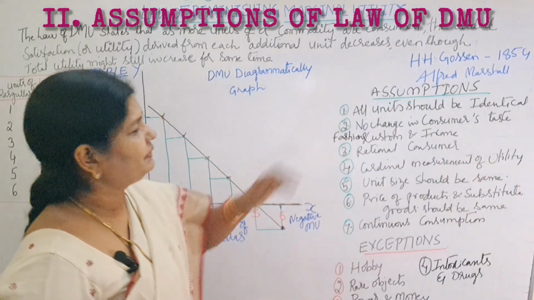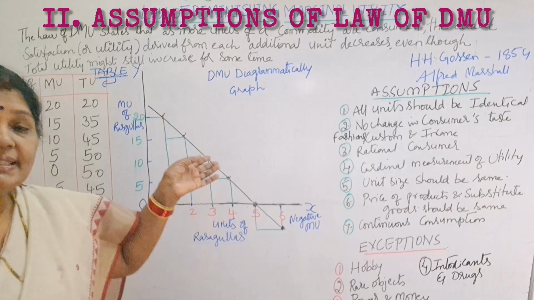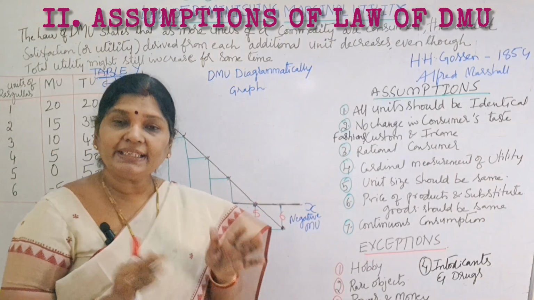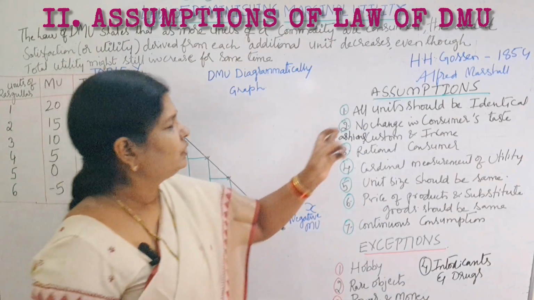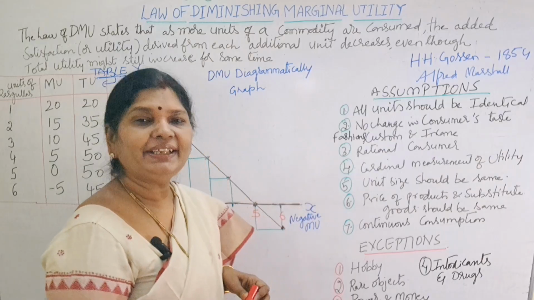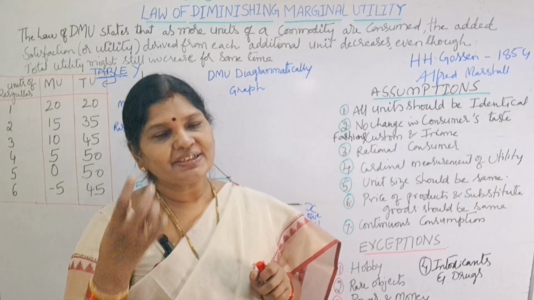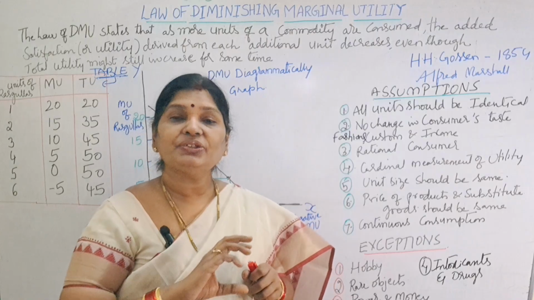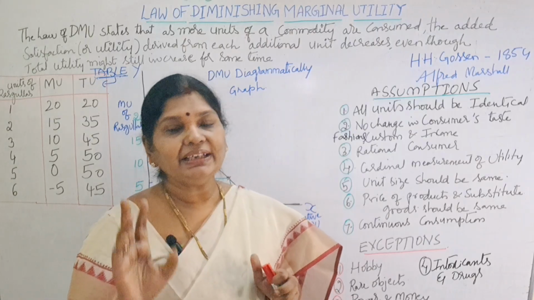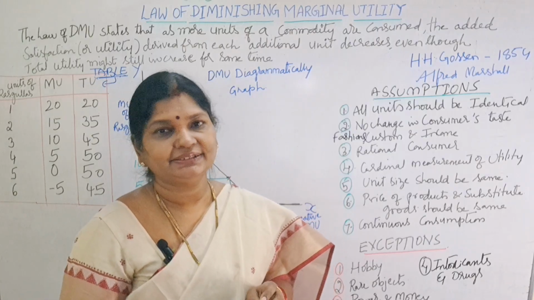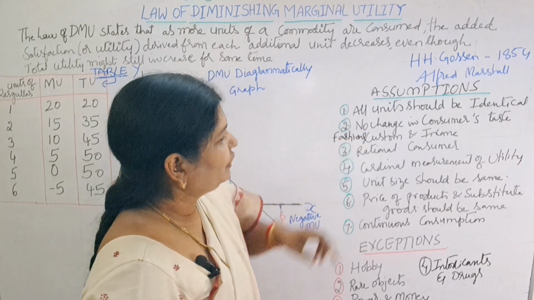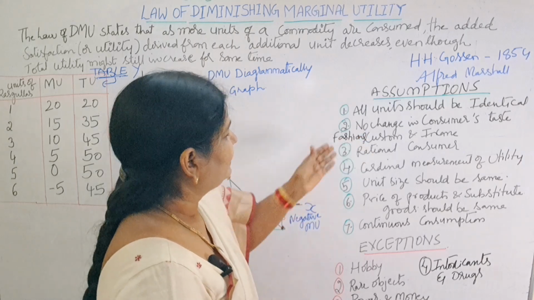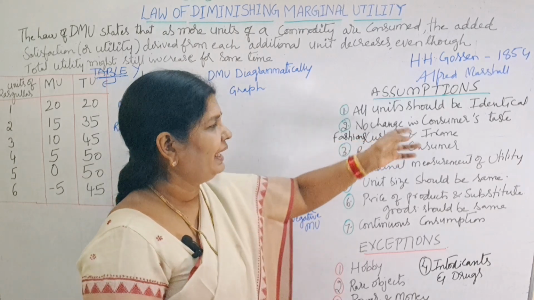Now coming to assumptions. When this law applies, there are some assumptions. What's the first one? All units should be identical, meaning whatever rasgullas you are eating, all should be identical, there should not be any change in quality or flavor. Next, second one, no change in consumer's taste, fashion, custom and income.